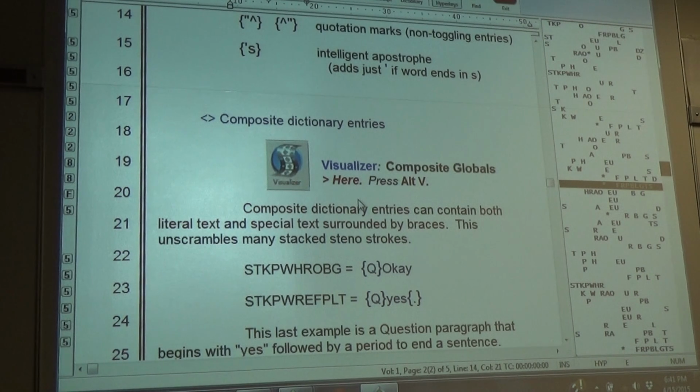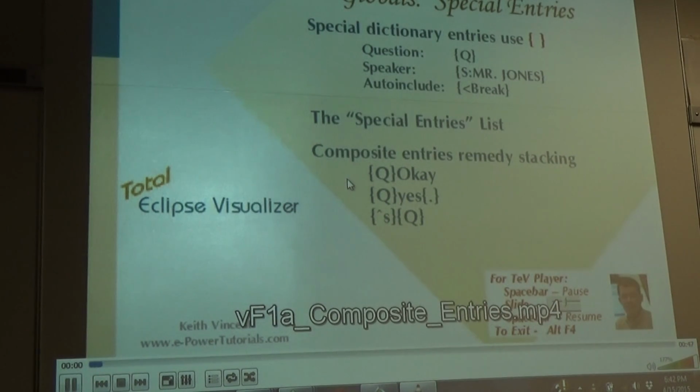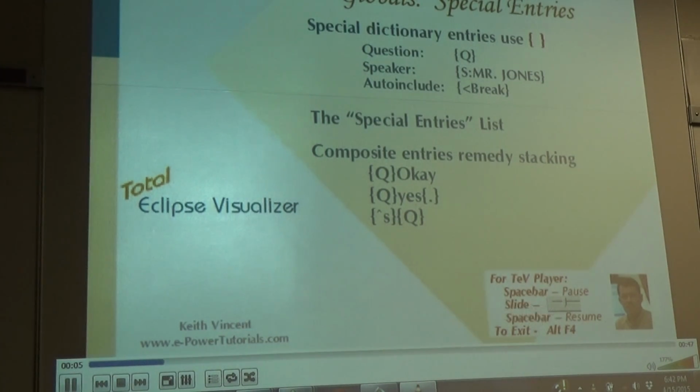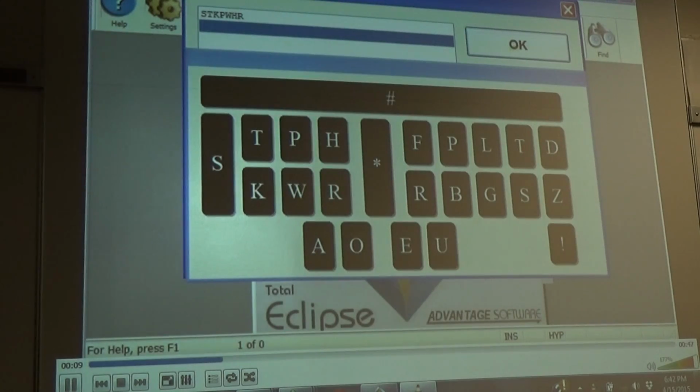Okay, now they're going to talk about composite globals. Really, this is like the stacking globals that I was talking to you guys about. When you write quickly, your steno machine may register separate strokes as if they were written at the same time.